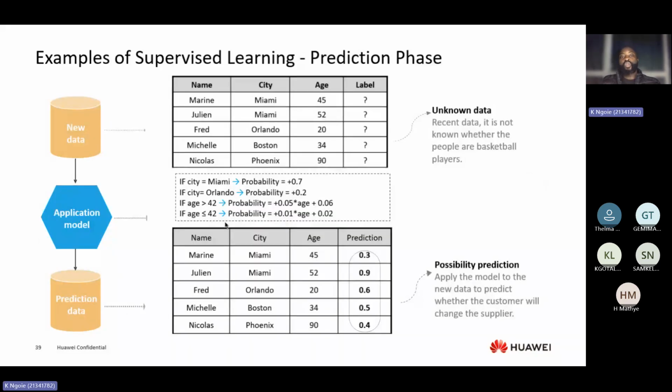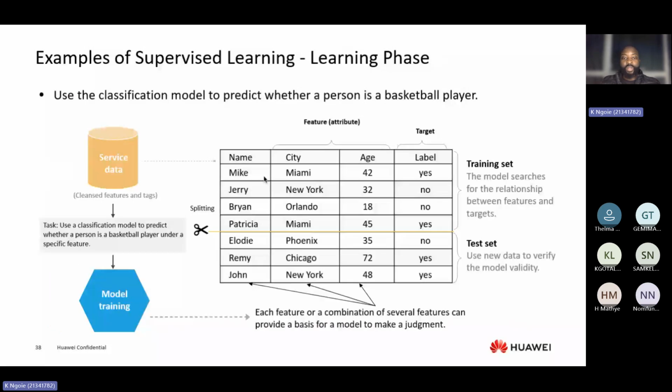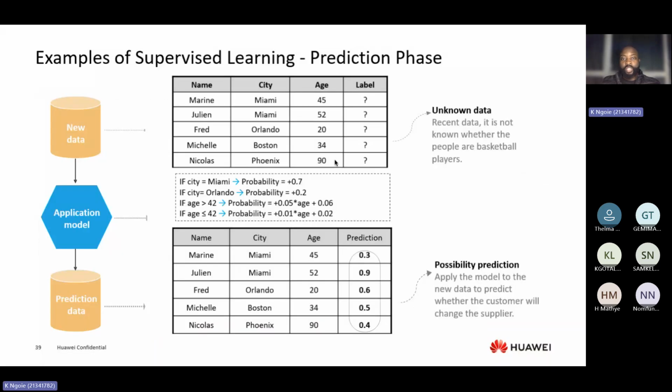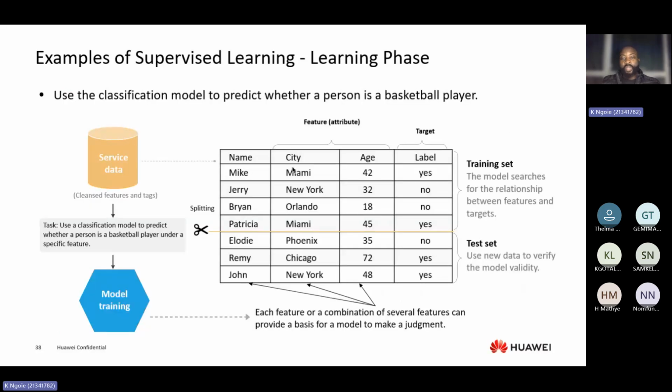To build this model, we've done a data splitting. So what the model now will do is learn. Can you see here the data that we have? We have Mike, Jerry, Brian, and then for the testing set, we're going to have these. So when we create a model using this, we train the model using this data, and then we test it using those data.